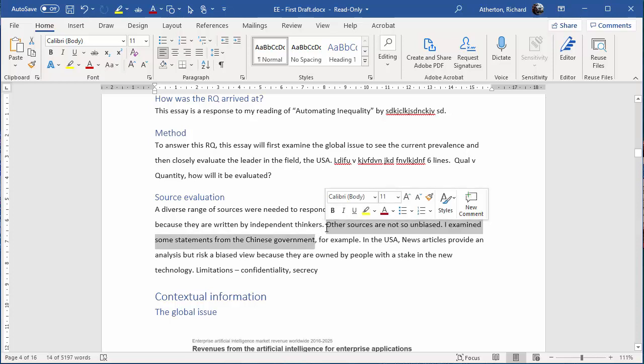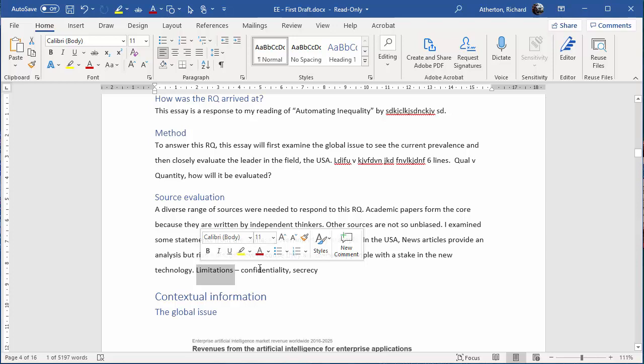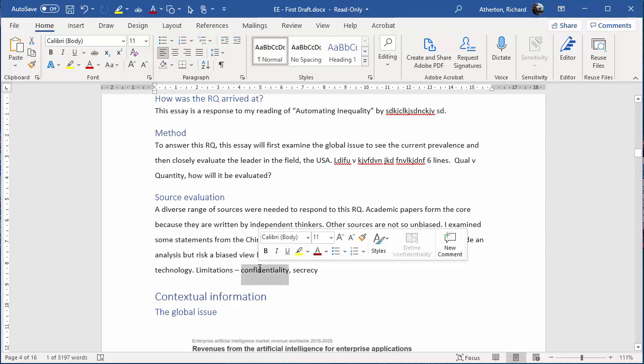However, they are obviously, from a particular point of view, statements from the Chinese government, and they have to be carefully corroborated. And the other thing to say is there are some limitations to the data he could get. Many of the companies involved in this are highly secretive about what they do.